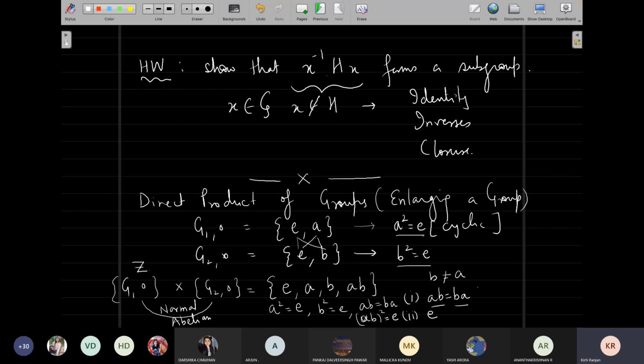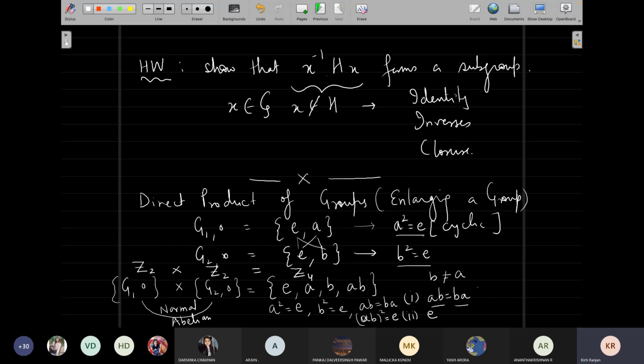I have a group of order 2, let's say I am calling it Z2, and another group of order 2. I am taking a product and I am getting a larger group Z4. This is a group of 4 elements.